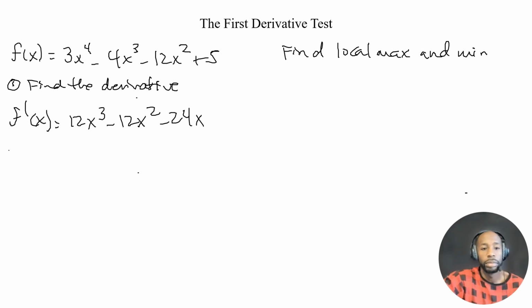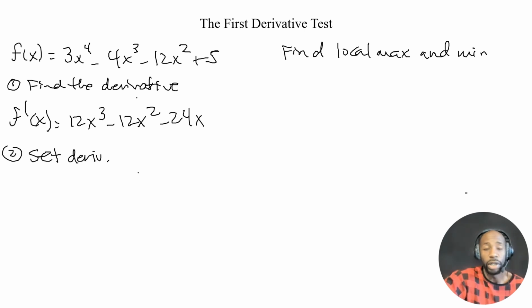Now we're going to set the derivative equal to zero to find critical numbers.